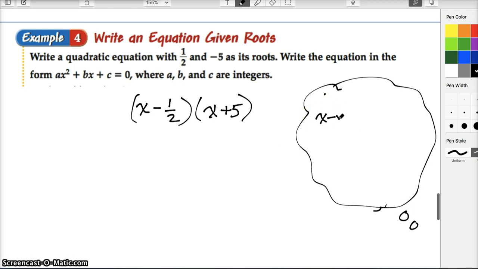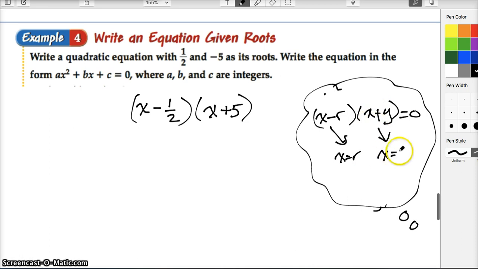But if we had like x minus r and x plus y as the factored way of doing the problem, when we set each of these equal to 0, we would eventually get that x was equal to positive r, and then here in this case, we'd get that x is equal to negative y, right? That was something we saw. And so this is a quick and easy way just to knock that out, okay?